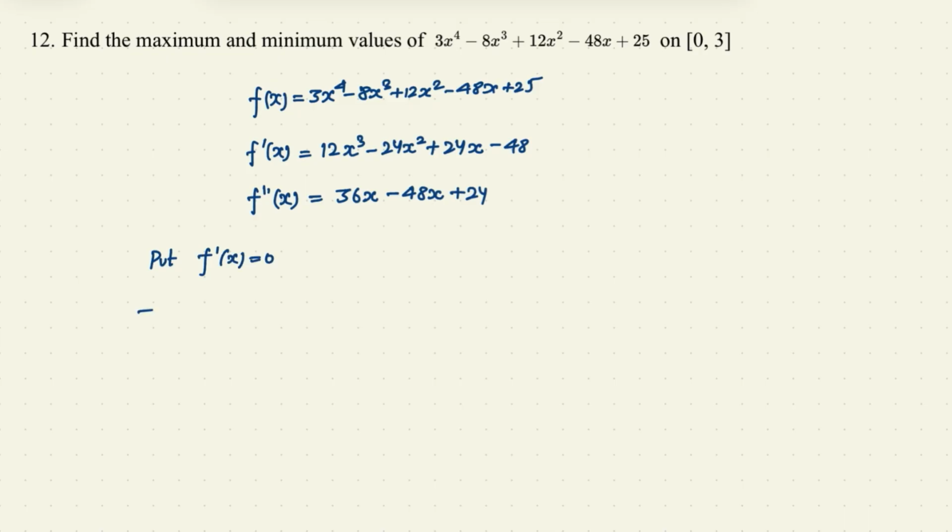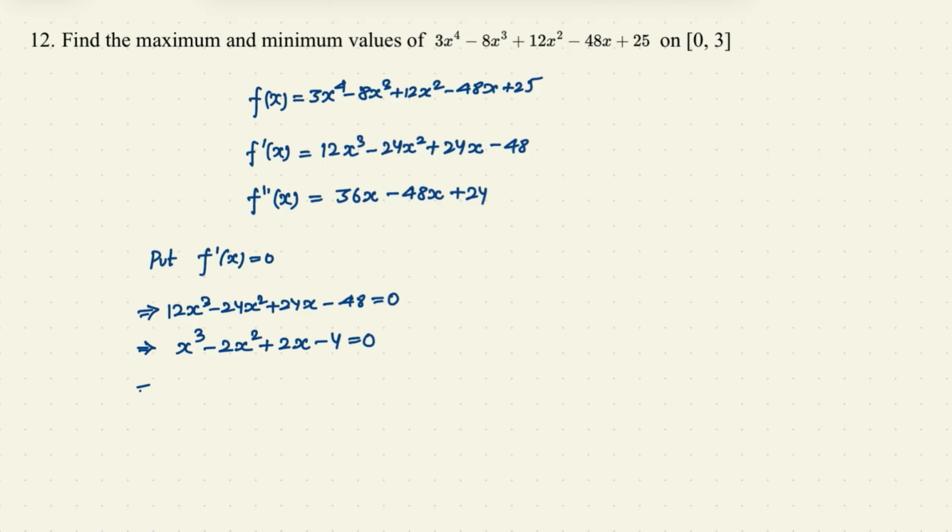Then we will have 12x cube minus 24x square plus 24x minus 48 equals 0. Taking out 12 common and simplifying, we will get x cube minus 2x square plus 2x minus 4 equals 0.